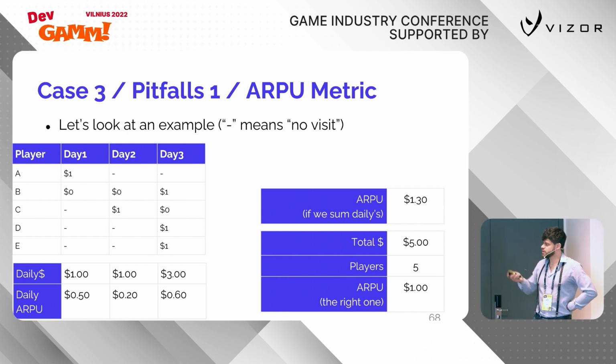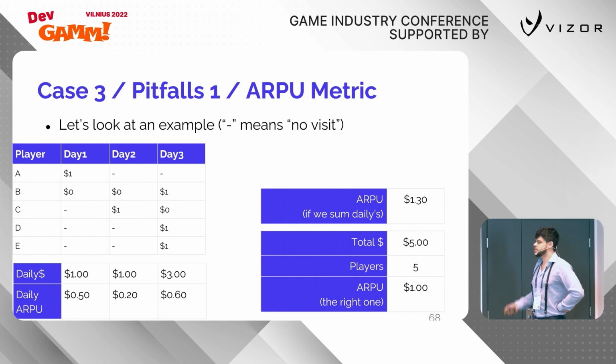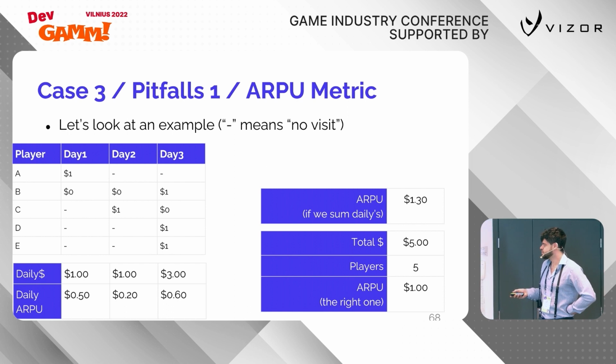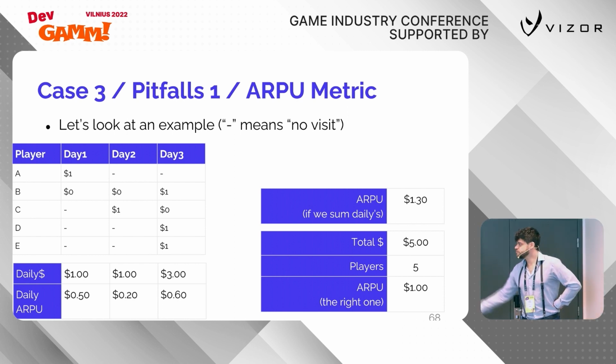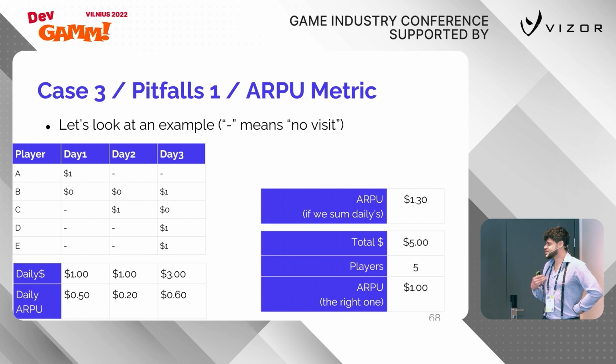If we calculate average revenue per user for each day, what do we get? For the first day, 50 cents per player, second day 20 cents per player, and third day 60 cents per player. If we add them up, right, we get $1.30. But if we now calculate average revenue per user the right way, what do we get?